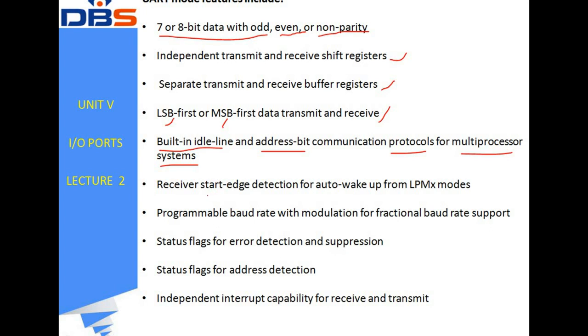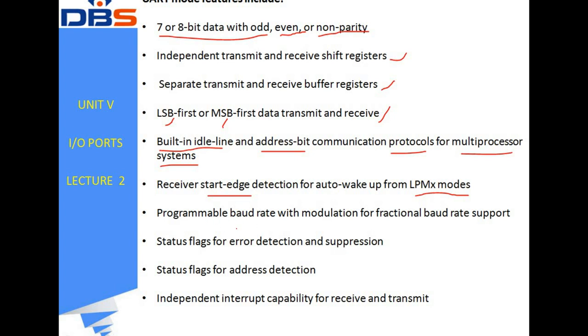Okay, the receiver start edge detection for auto wake up from low power mode selections. So a receiver start edge, that means whether it is a rising edge or a falling edge.